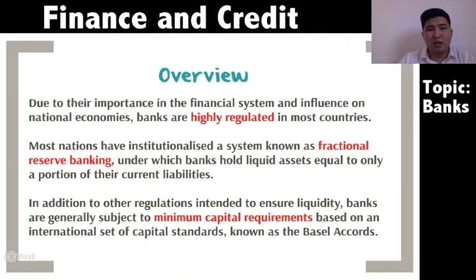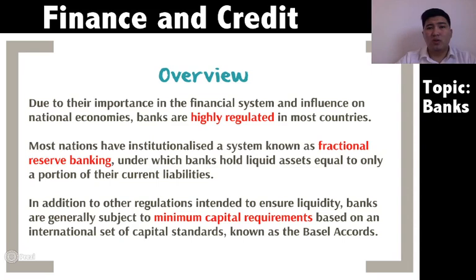Next slide, overview. Banks are very crucial and important organizations in the financial system because they provide the financial system with money. It makes access to money easier for many institutions and companies. That's why it must be highly regulated.